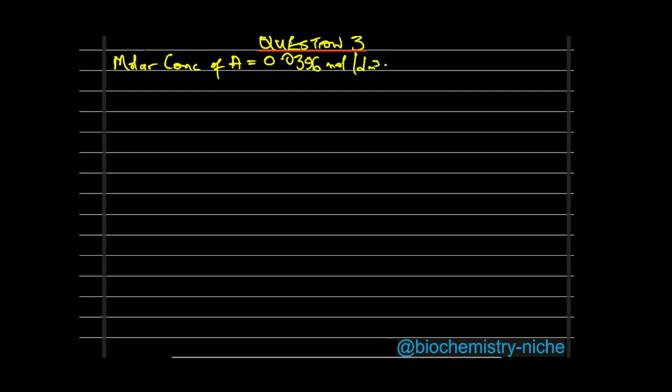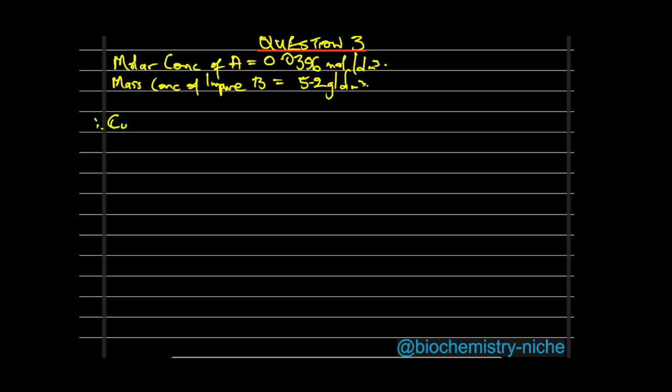And then we have the mass concentration of the impure sodium trioxocarbonate. Mass conc of impure B equals 5.2 grams per dm cube. So let us now calculate the concentration of B in moles per dm cube.